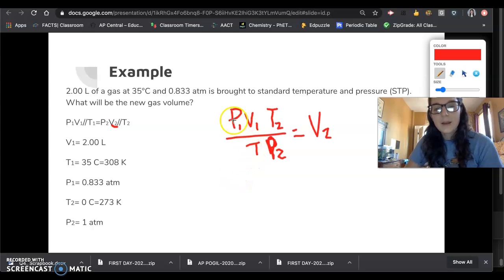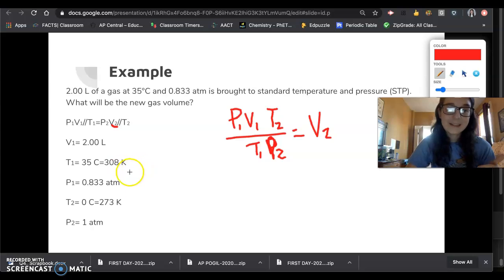Okay, so now I'm going to double check my units, make sure that things are going to cancel. I have temperature in Kelvin, which is what I want. The pressures are both in atmospheres, so that's going to cancel out. That's going to be fine and dandy. And my final volume is going to be in liters, because my initial volume is in liters. So now I am good to plug and chug for the final answer.